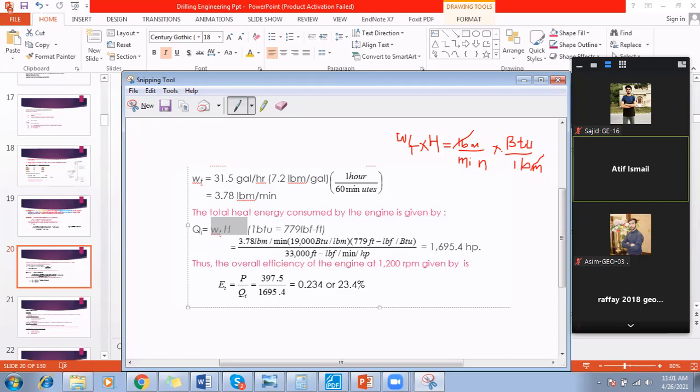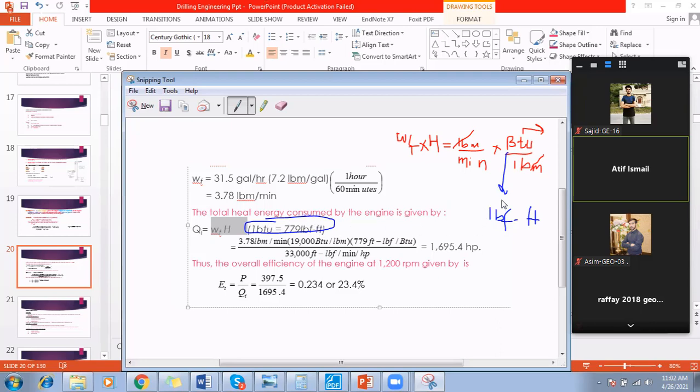So you will convert that BTU into LBF feet. This is the reason that this 779 is used. This 779 is actually converting the unit from BTU to LBF feet.